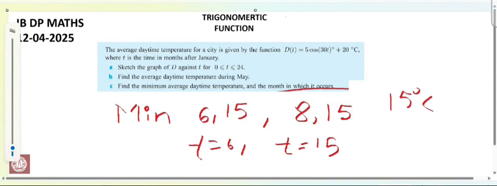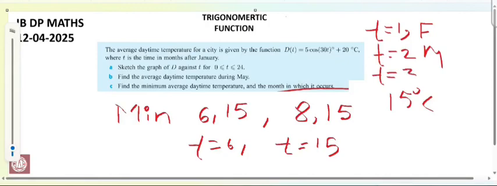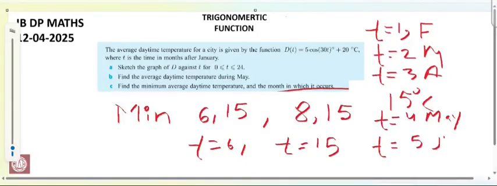But the first thing you missed, I told you that T1 represents February. So when T1 is February, T2 will be March, T3 April, T4 May, which we already used earlier, T5 June.